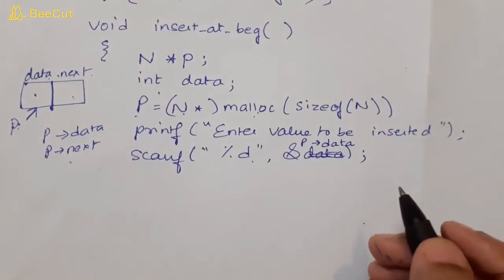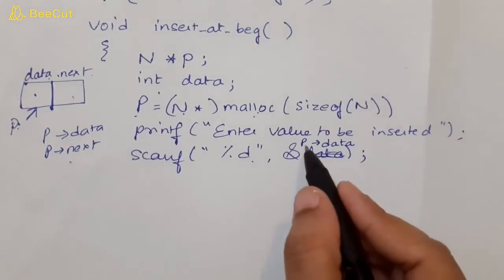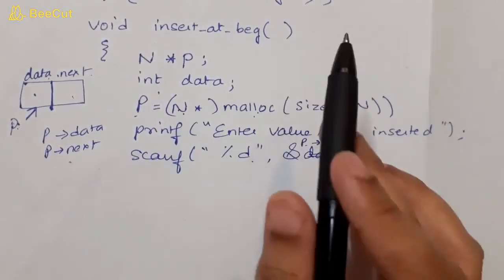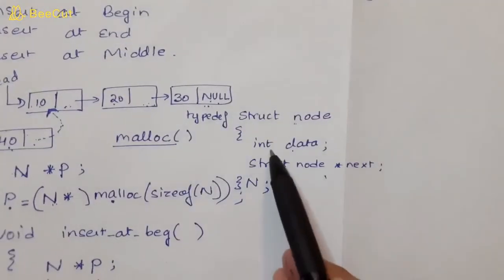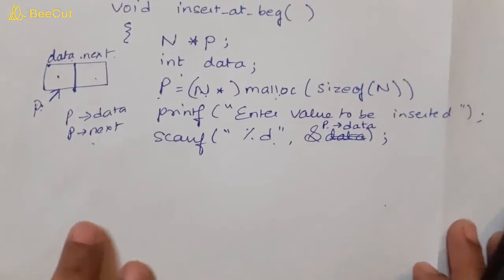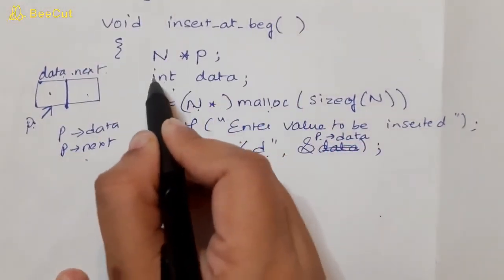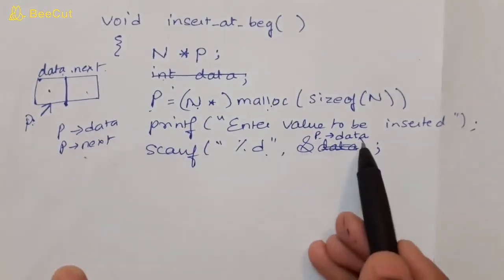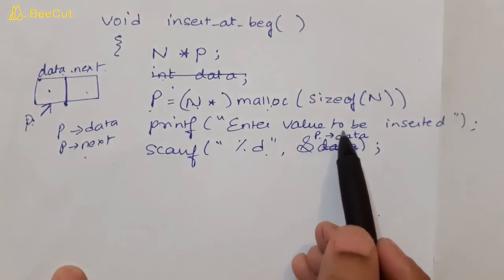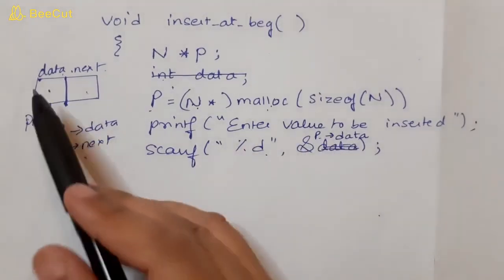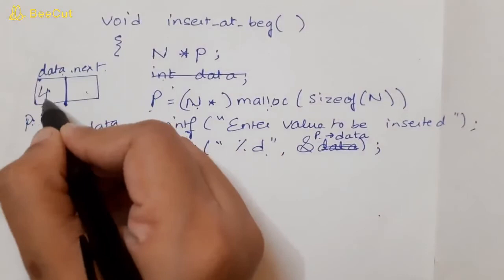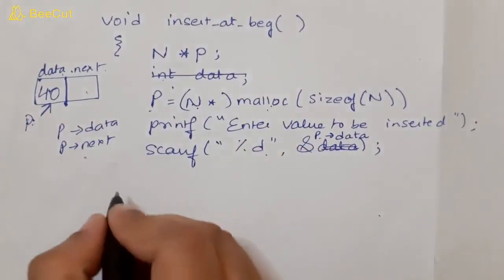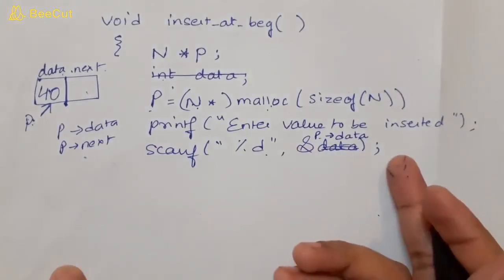One more thing: if we are writing p data, as we have taken the data type as n, in which int data has already been written, here you can see int data has been written, so there is no need to take a new variable over here also. We can directly write p data, and suppose the user is giving 40, so 40 will be read here and it will directly be stored in p of data. That means here 40 will be stored. Okay, so after this, don't take this int data, we don't need it. So we have already taken data.